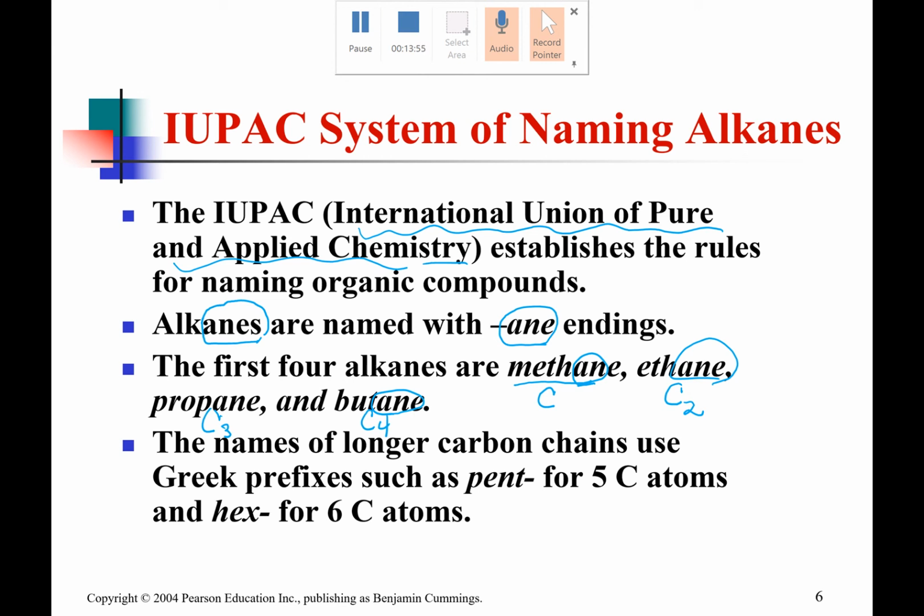So generally we use Greek prefixes such as pent for 5 and hex for 6. And then we add A and E at the end. So hexane is hex plus A and E. So this is the formula of hexane, C6H14, which is 6 times 2, 12. Add another 2, you get 14.